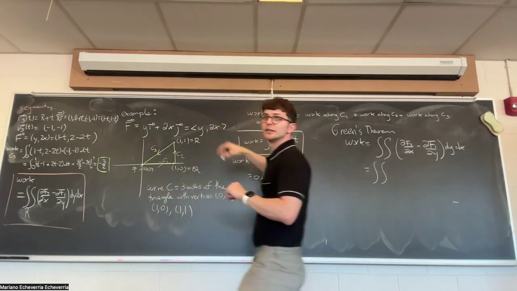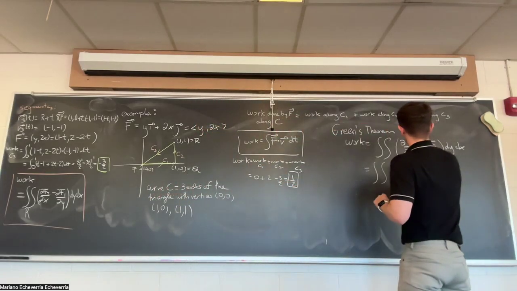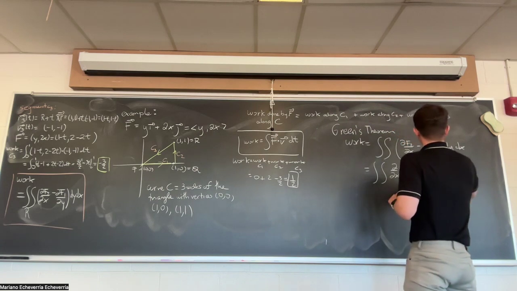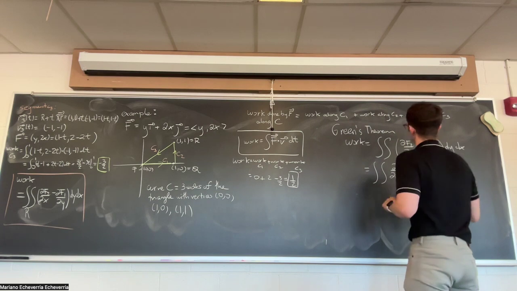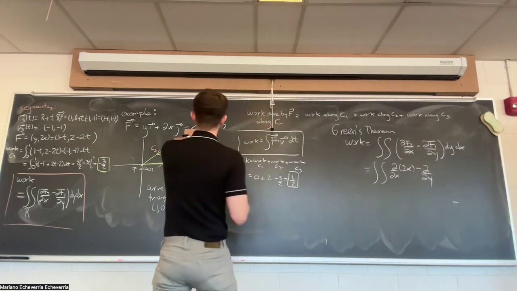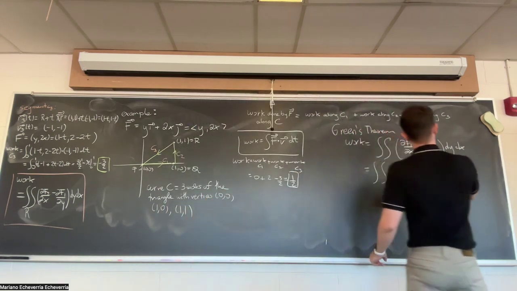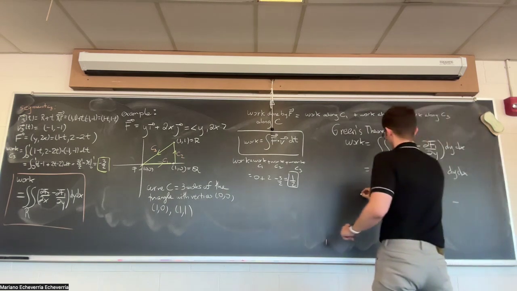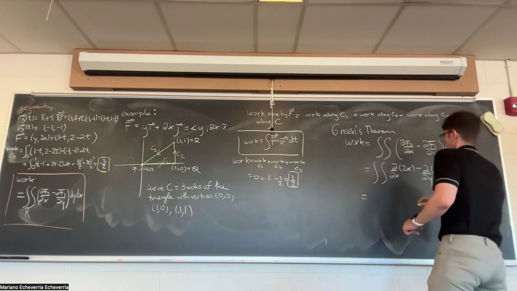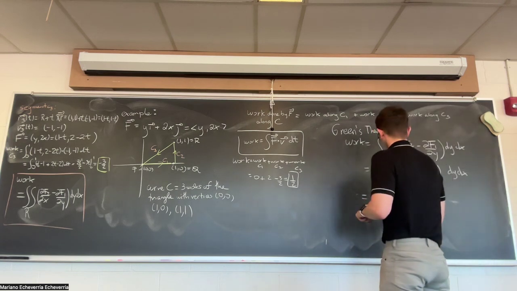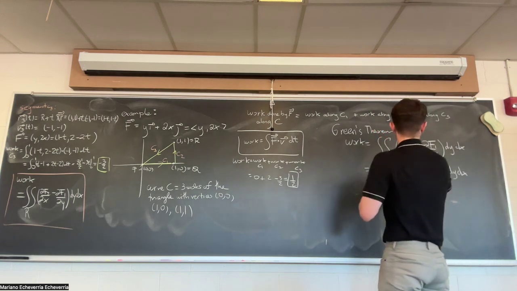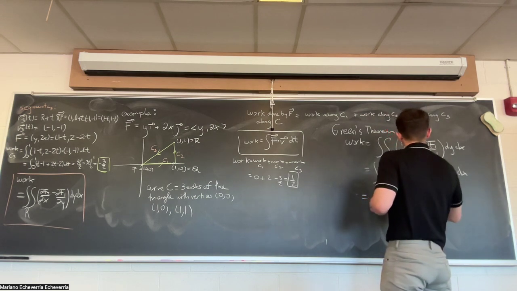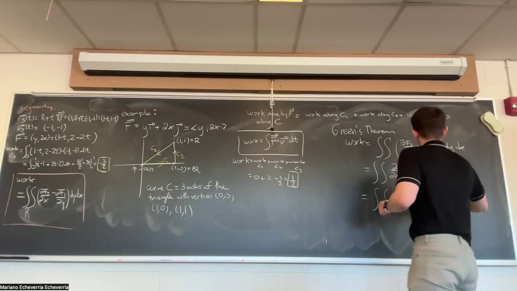That's 2x here, right? So the derivative with respect to x gives 2, minus the derivative with respect to y of the first component, which is y, giving 1. So this is 2 minus 1. This is what you're going to integrate, and it's a double integral.